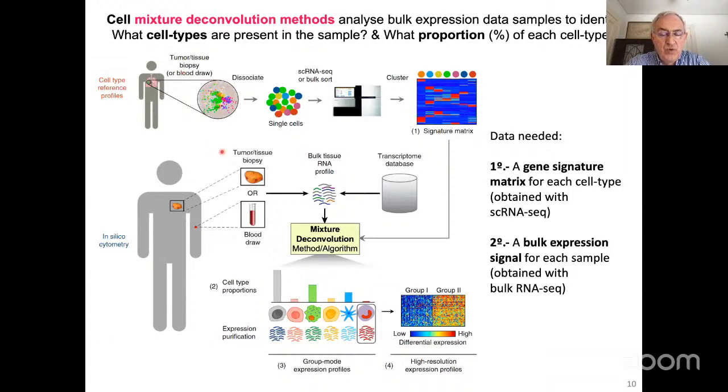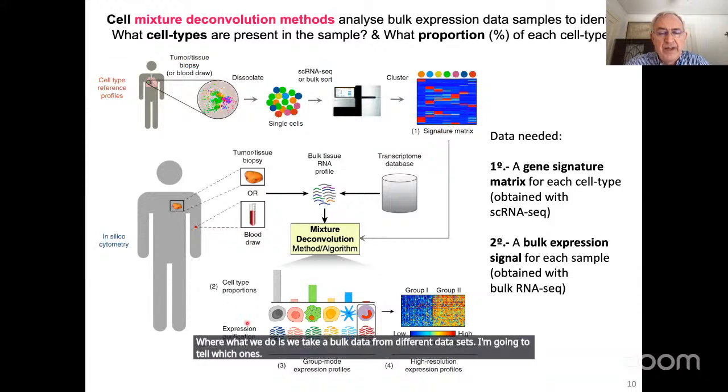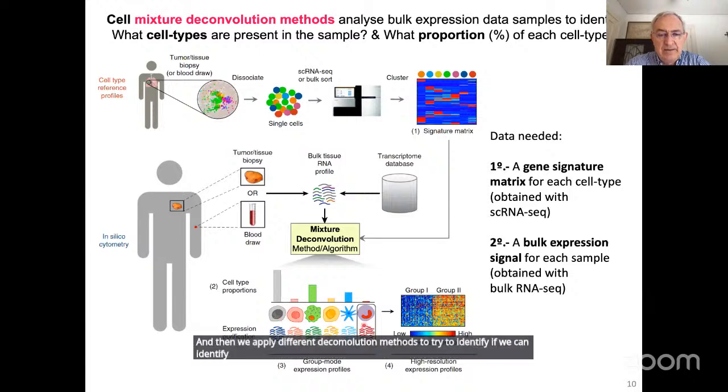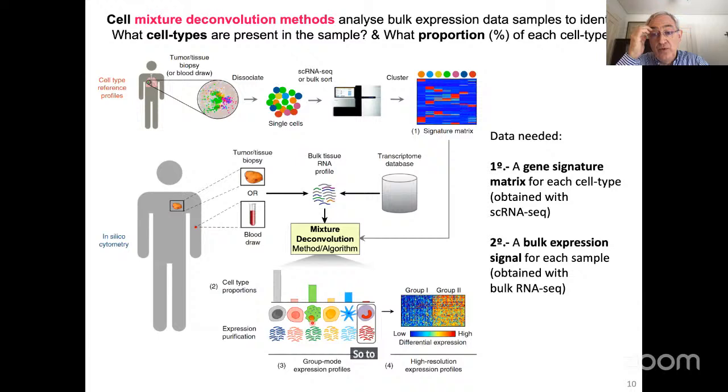What we do is take bulk RNA-seq data from different data sets, I am going to tell which ones, and then we apply different deconvolution methods to try to identify the different cell types that are in this mixture and the proportion of each cell type. To do that, we need two things.